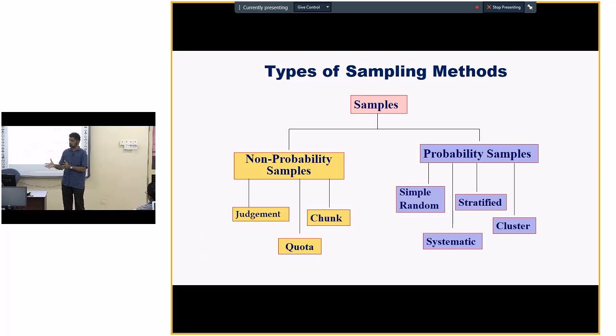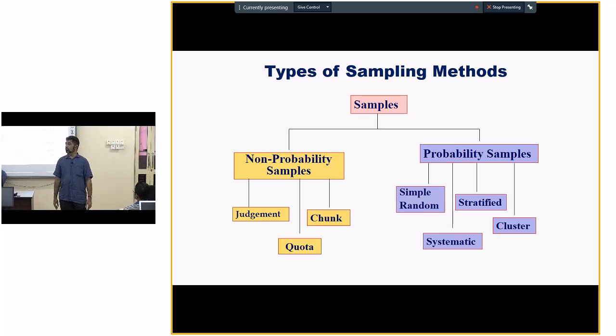Next, we go to the data collection method. Roughly, we discussed it. Fortunately, you are going to collect data from secondary sources, but this knowledge is very important for you. Whether we use secondary or primary data, we have to apply a sampling method. What is the relevant sampling method for your research?